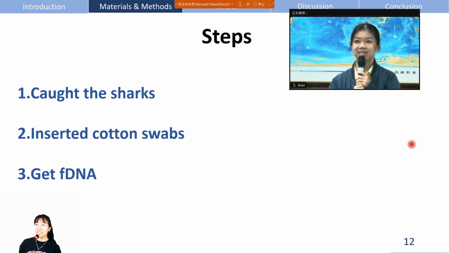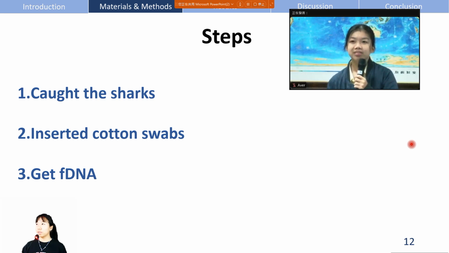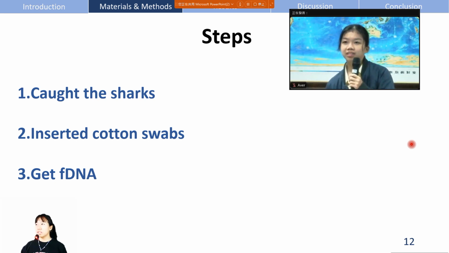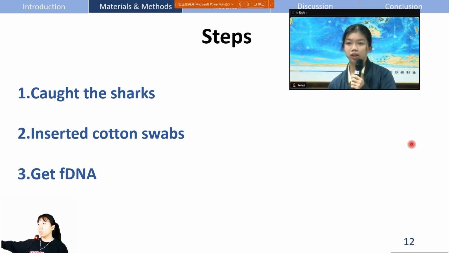Yeah. Thank you for your question. So to repeat her question, she wants to know how they catch the shark and how they do the experiments. Okay, because my experiment is the same. The steps are the same as in this paper. So in this paper, they go to the sea by boat, and they use a long line to catch the shark.